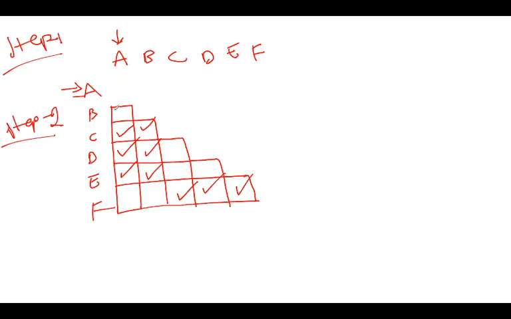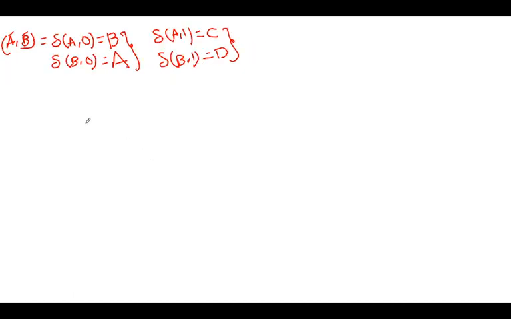Now observe the unmarked pairs. Now CD. Same process as above, but changing the states. Here you write the first state of the pair, C comma 0.